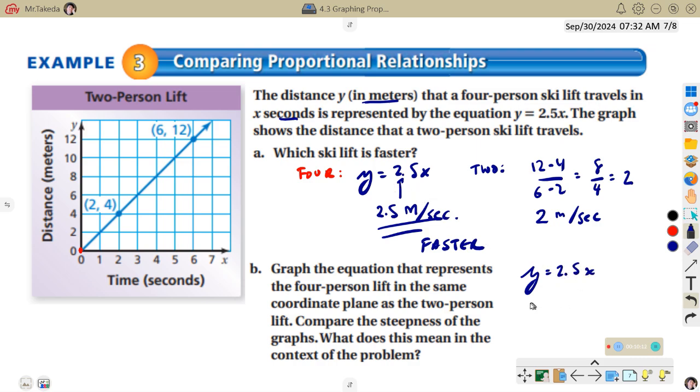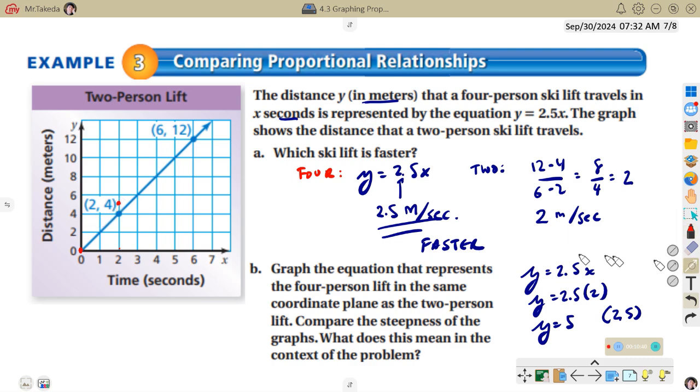I'm going to use 2, because that way I don't have to worry about graphing that fraction, that half, right? So y equals 5. So what's my point? My point is 2, 5. So I'm going to graph that in red. So here's 2, here's 5, here's 4, here's 5, right here.